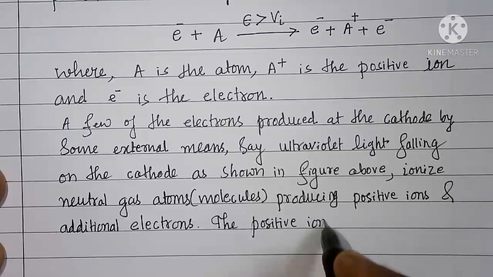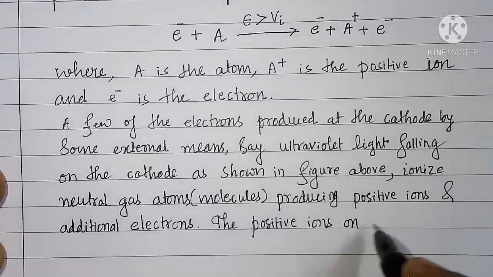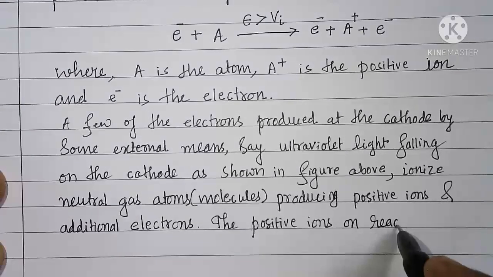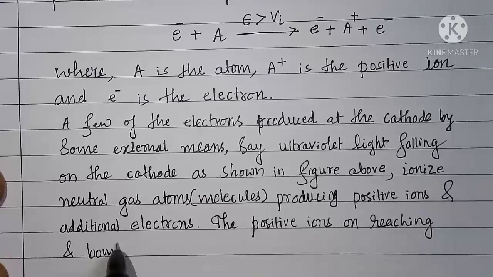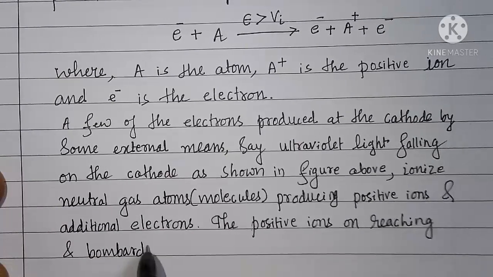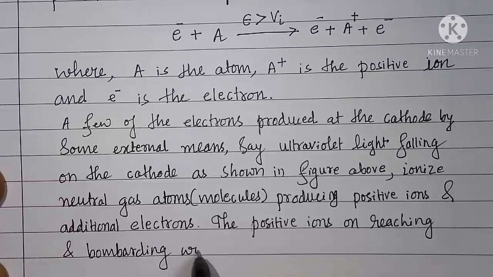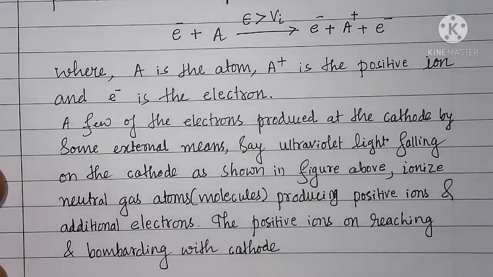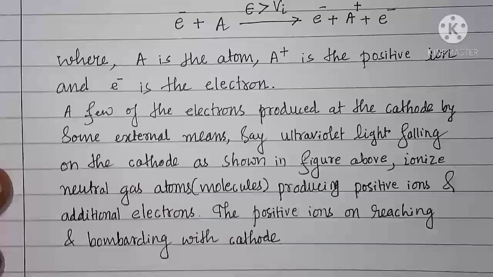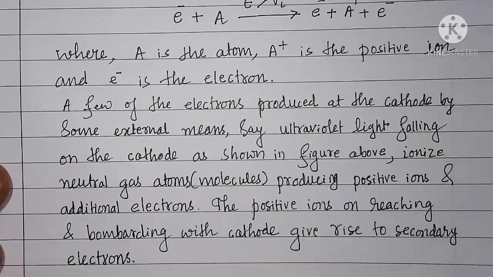The positive ions on reaching and bombarding the cathode give rise to secondary electrons.